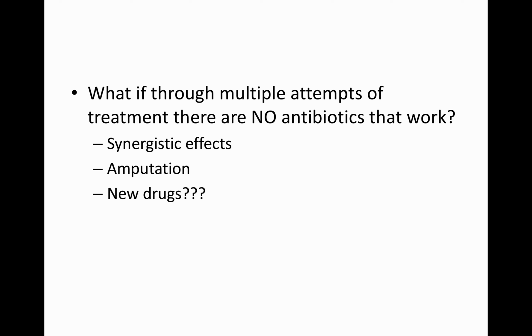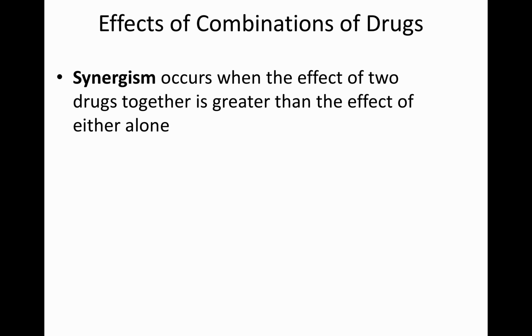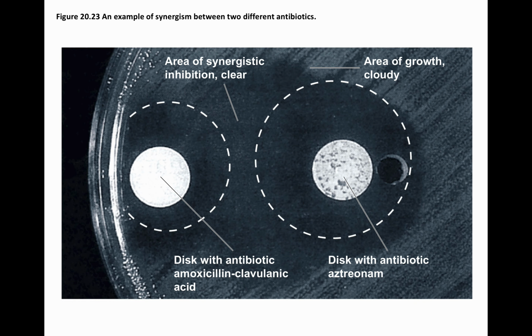However, we're not creating enough new drugs fast enough to combat the problem of antibiotic-resistant organisms. Synergism, like I said, would be when the two antibiotics work better together than either of them alone.